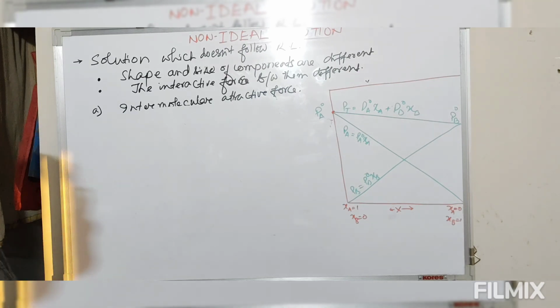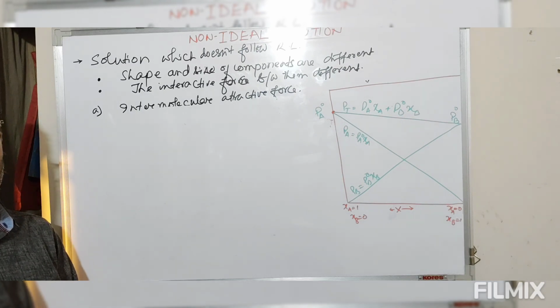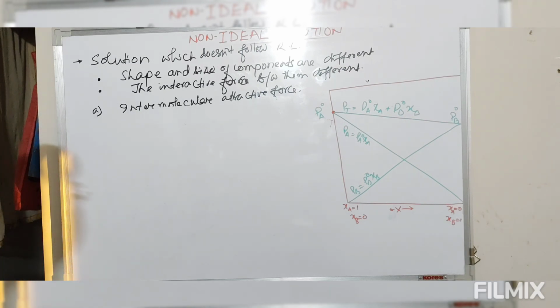Now this non-ideal solution is of two types, positive deviation and negative deviation. So now look at this.